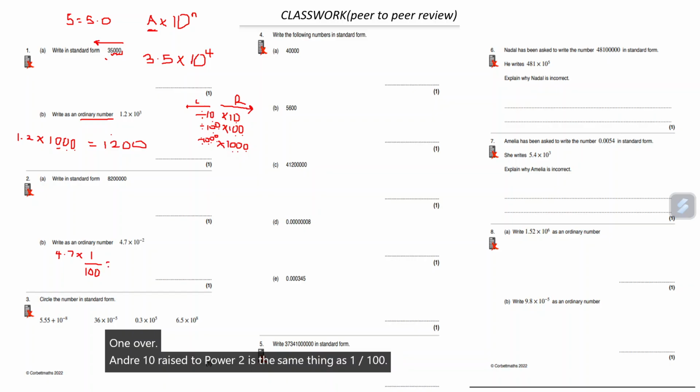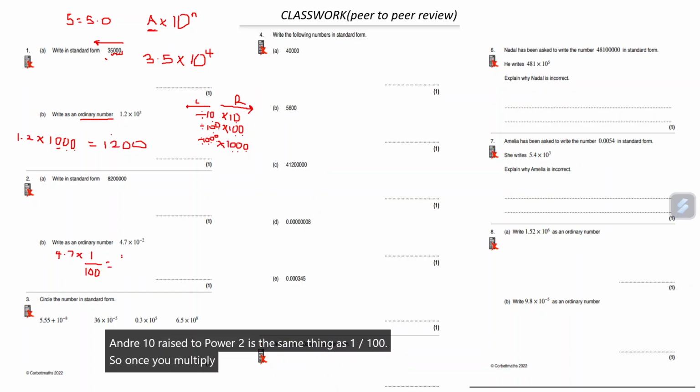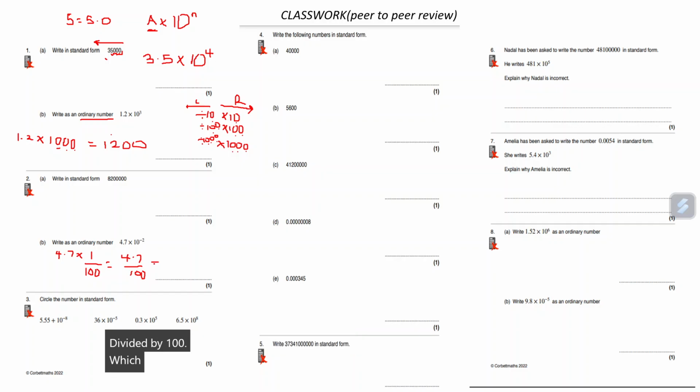So once you multiply, that will be 4.7 divided by 100.